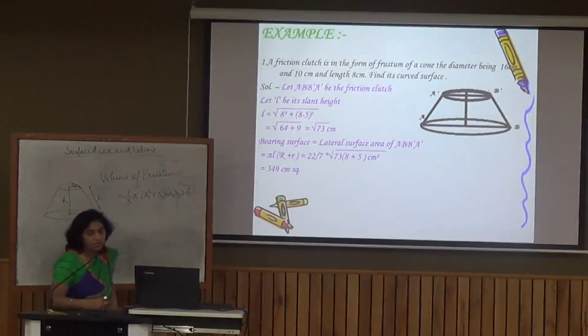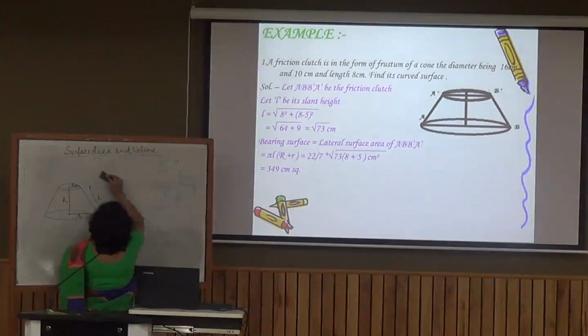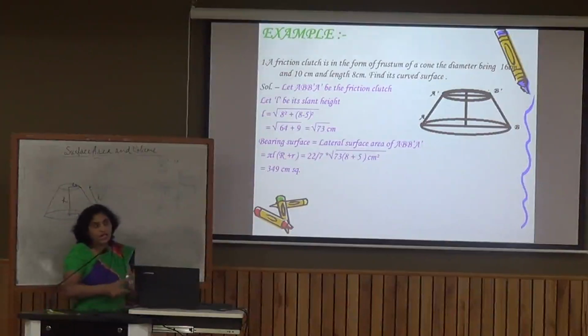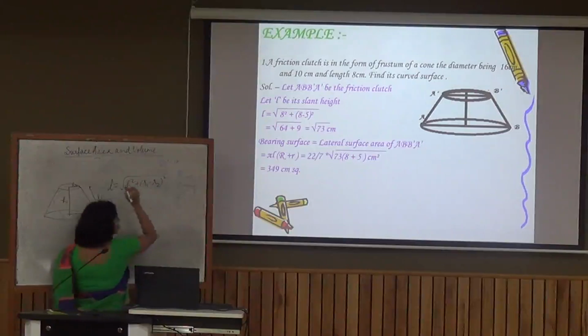A friction clutch is in the form of frustum of the cone, the diameter being 16 centimeter and 10 centimeter, and length 8 centimeter. So one radius would be 8 centimeter, another would be 5 centimeter, and length is 8 centimeter. We have to calculate its curved surface area. So the first thing we have to calculate here is slant height. The formula for the slant height is L is equal to under root of h square plus difference of the radii square.